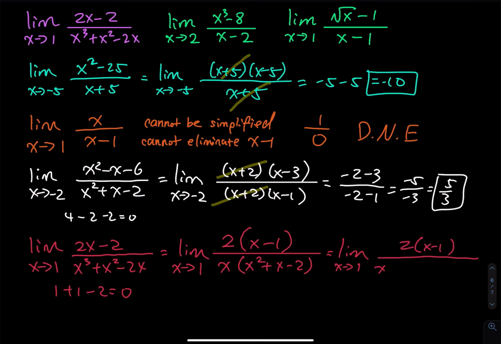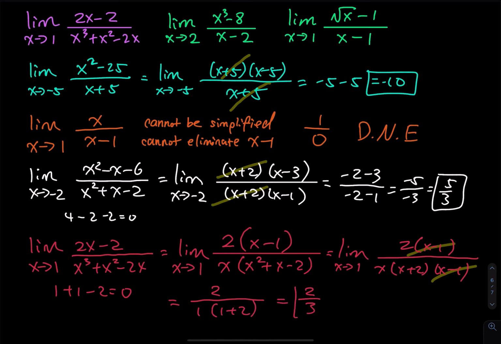The bottom is x, and then that's the same as the previous one, so x plus 2 and then x minus 1. All right, so it looks like the x minus 1 is our biggest enemy. However, that just cancels. So now we are safe to plug in: 2 divided by 1 and then 1 plus 2. So you have 2 over 3 as your final answer.